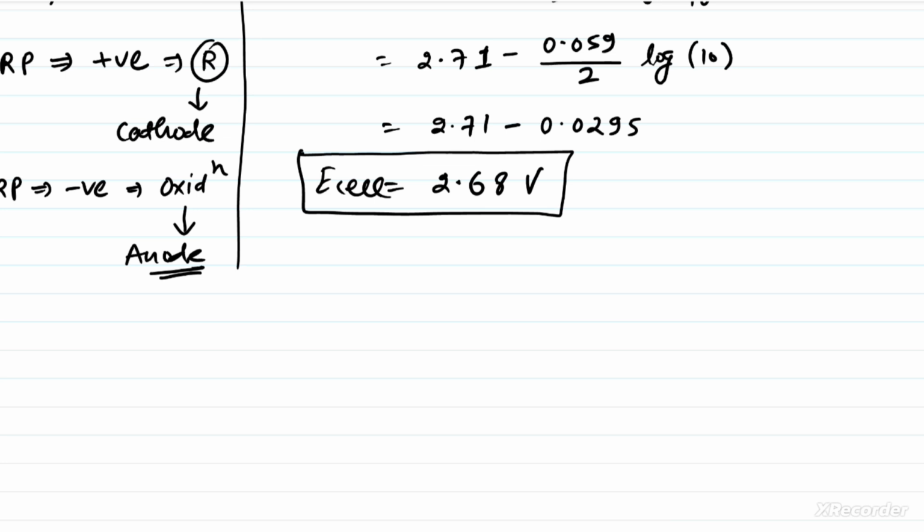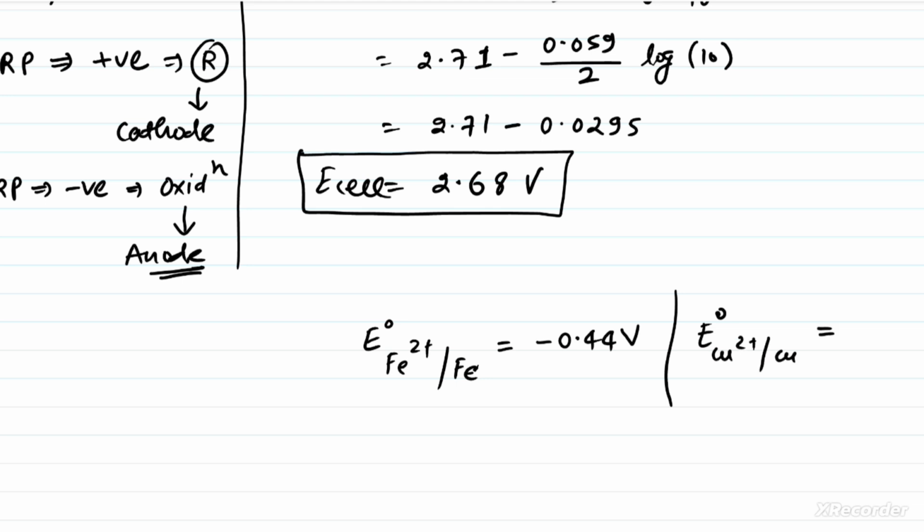So if I take one more example, like if I tell you the E naught of Fe2+ to Fe is equal to minus 0.44 volt, and again if I write the same example, Cu2+ to Cu is plus 0.34 volt.